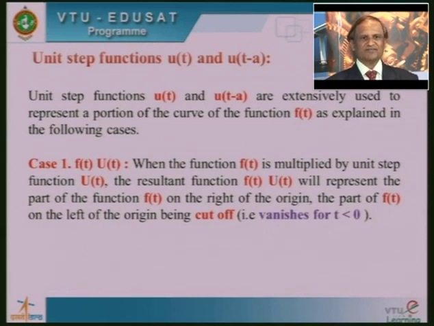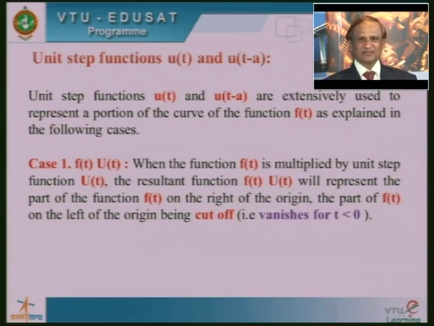The unit step function u of t, or the displaced function u of t minus a, is extensively used to represent a portion of the curve of the function f of t, as explained in the following cases. It means a unit step function can be written in 3 different forms. Say, for example, they have given f of t and I want to multiply it by a unit step function. What is the resultant function?